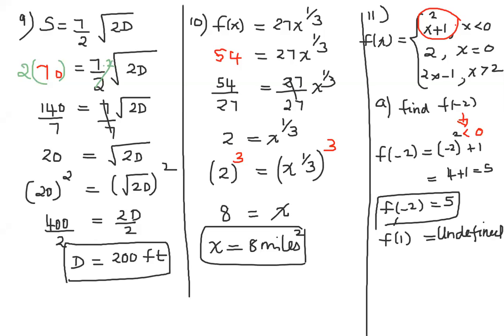And the last one is f of 3. 3 is greater than 2, so we have to use the last function, 2x minus 1. This is for all the numbers greater than 2. So f of 3 is 2 times 3 minus 1, which is going to be 5.